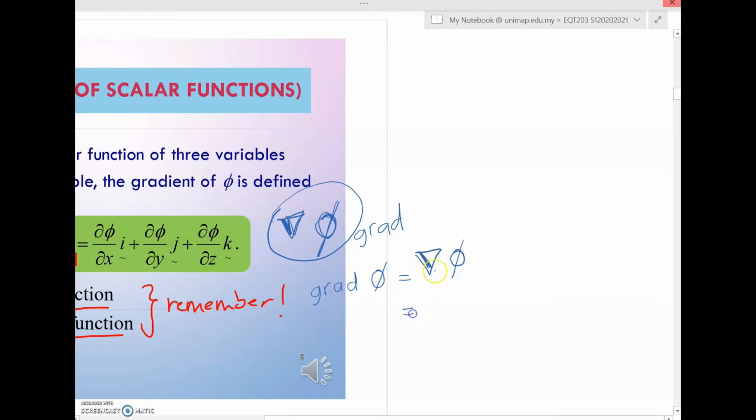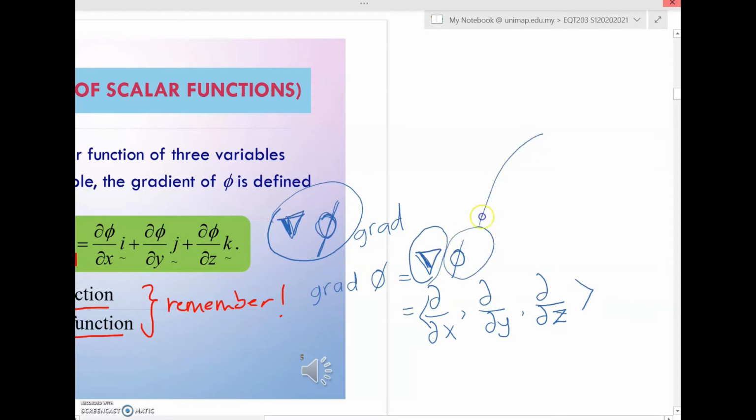This is equivalent to this one, which is actually del x, del y, del z. Since this is a scalar, remember at the early part of our discussion, when we have a scalar and we want to multiply by it, we can just bring the scalar into the process.